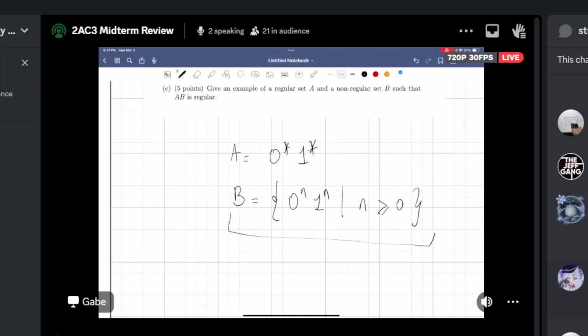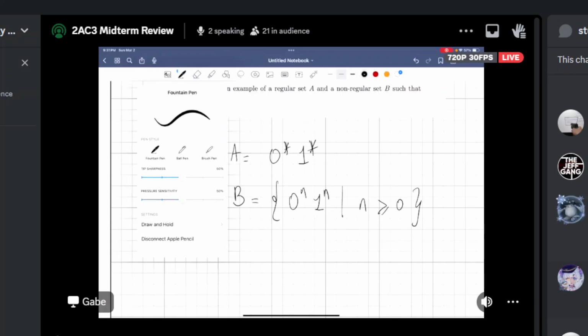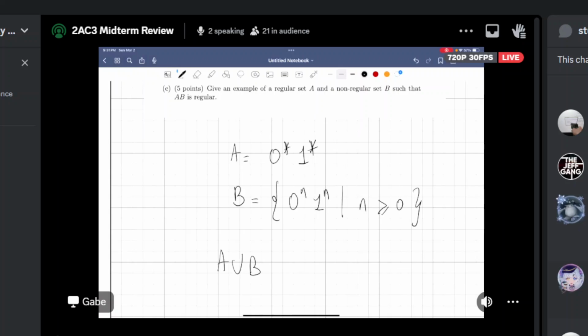We've already proved in the assignment that this is not regular. However, everything in B, which is the non-regular components, is already in A. It's just not a requirement in A. So unioning them actually doesn't add anything. So A union B is just A, which is regular. Yeah, so it's about finding a regular expression that encompasses the entire non-regular set.